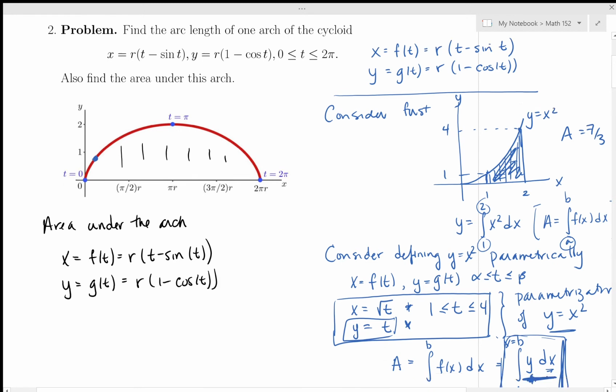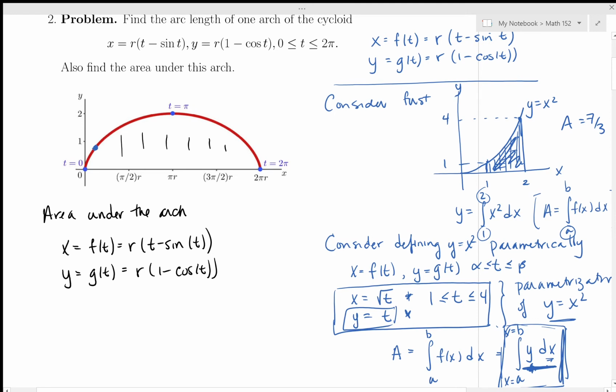Let me also write out the range of the parameter here. The parameter is going from 0 to 2 pi, because as t goes from 0 to 2 pi, we've got this entire red curve here, and we have the full area that we are trying to calculate under one arch of the cycloid.